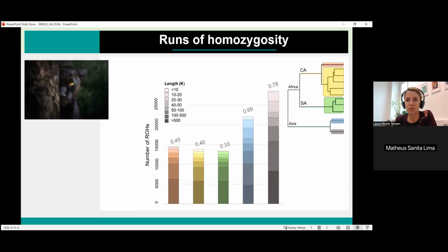So you can see how detrimental that can be. We found that about 78% of the regions we were looking at occurred in homozygosity, which is quite extreme. If we just look at African leopards, the red, gold, and green, as we call them, you can see that the red leopards actually have longer runs of homozygosity than our wild type leopards do.